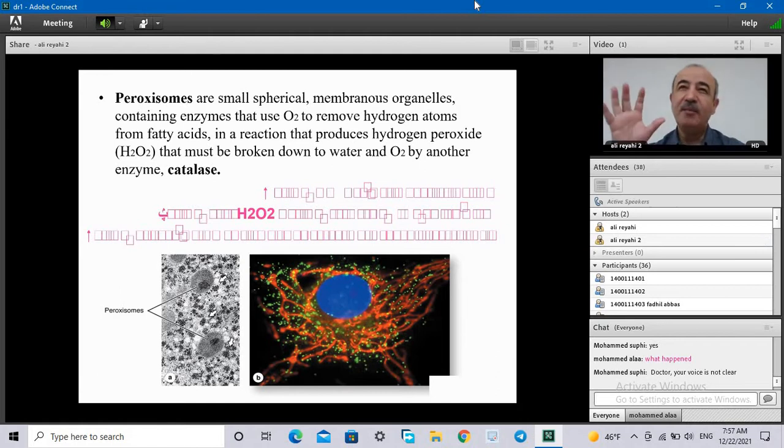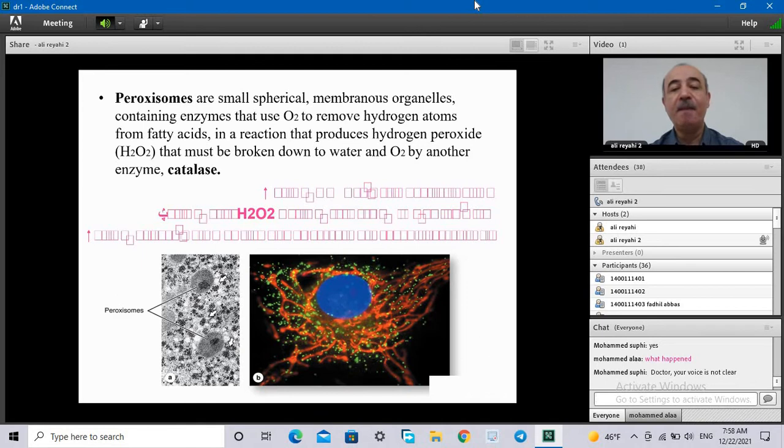But when the mitochondria uses the oxygen, it can produce energy, like the ATP molecule. But when the peroxisome uses the oxygen, it cannot produce energy. Usually the peroxisome can oxidize some materials and can modify the structure of some toxins, for example, and some drugs.